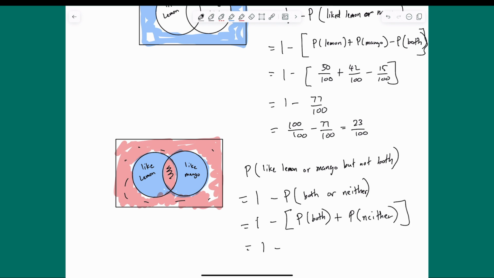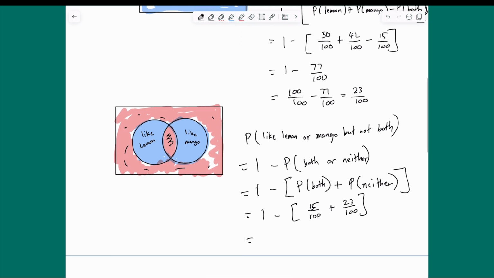Okay, so then 1 minus the probability they like both, we know there were 15 people who like both lemon and mango, over 100, plus the probability that they like neither, which we know was 23 over 100. And so that's equal to 1 minus, well, 15 plus 23 gives us 38 over 100.